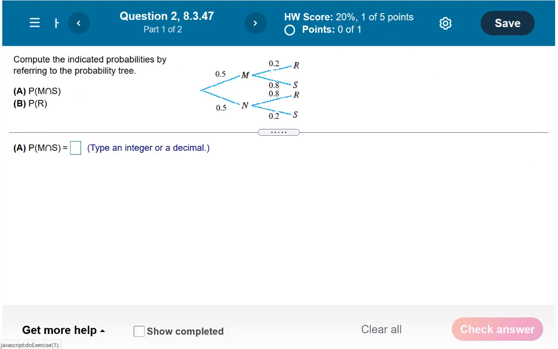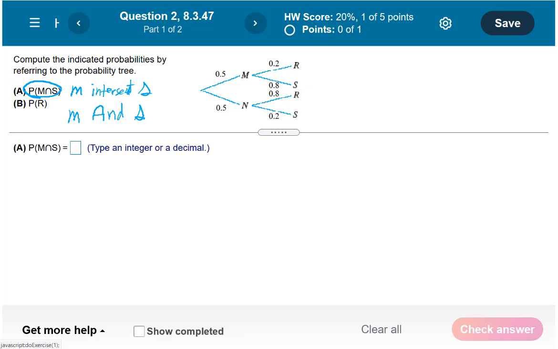In the A part, we want the probability of, now mathematically that says M intersect S. Now if you watched the lesson video, you saw me say the intersect sign looks like an A, and if you'll think of the word and, we want M and S.